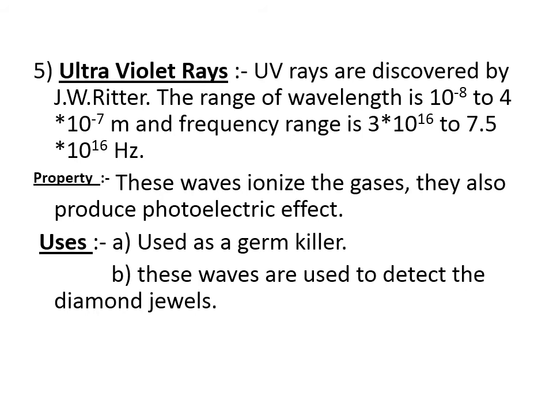And the frequency range is 3 into 10 raised to the power 16 to 7.5 into 10 raised to the power 16 Hertz. Properties of UV rays: these waves ionize the gases. They also produce the photoelectric effect. Uses of ultraviolet rays: first one, used as a germ killer. Second one, these waves are used to detect the diamond jewelries.